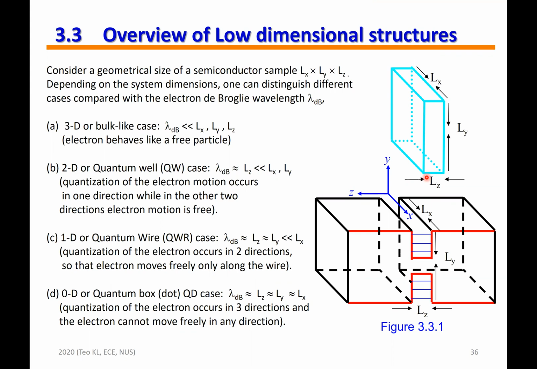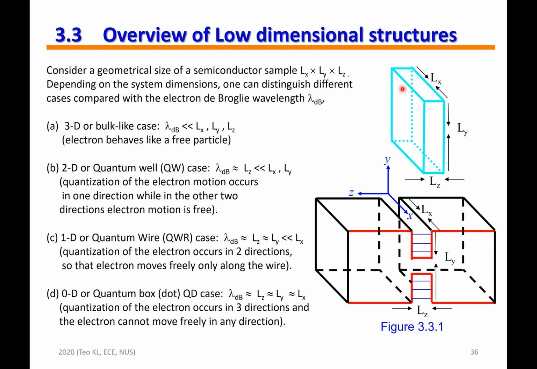Depending on the system dimension, we can distinguish different cases compared with the electron de Broglie wavelength, denoted as lambda dB. For a three-dimensional case or a bulk semiconductor, the de Broglie wavelength is less than Lx, Ly, and Lz, and the electron basically behaves like a free particle.